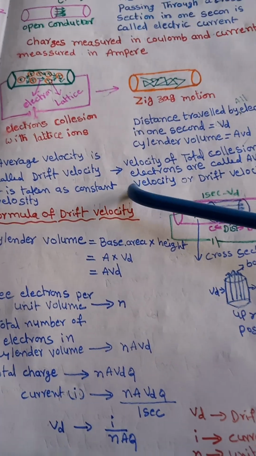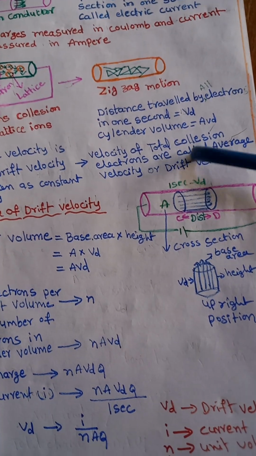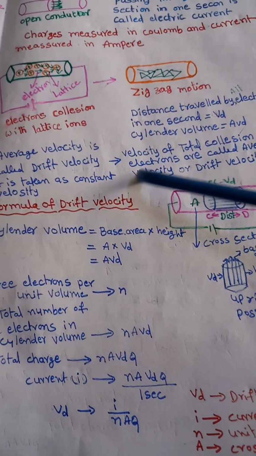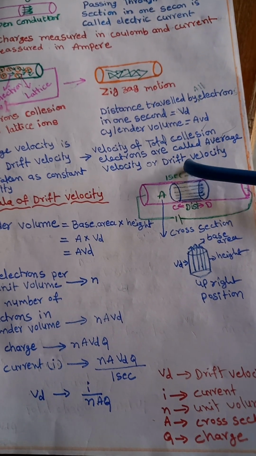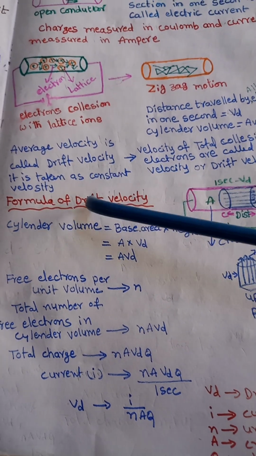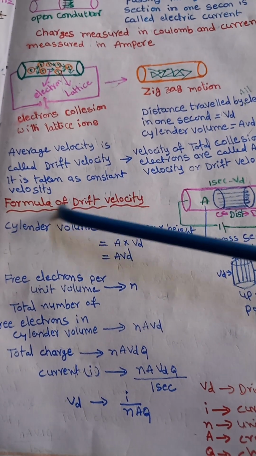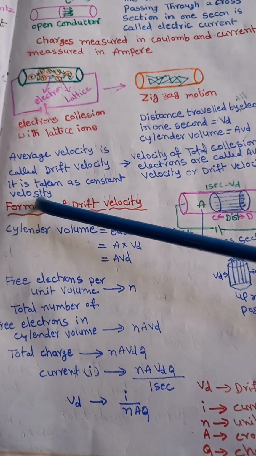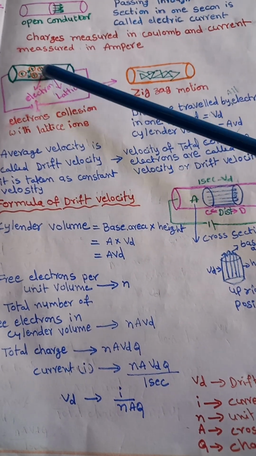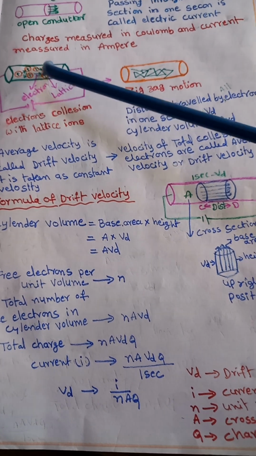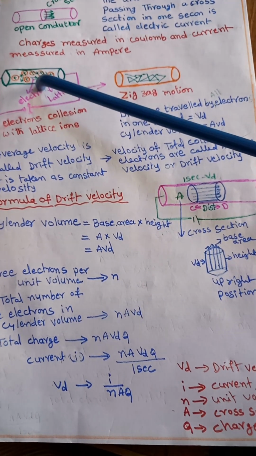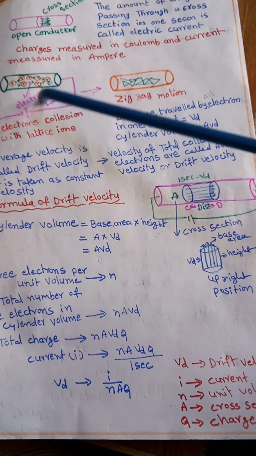Average velocity means the velocity of the total colliding electrons, and this average velocity is called drift velocity. It is taken as a constant velocity.